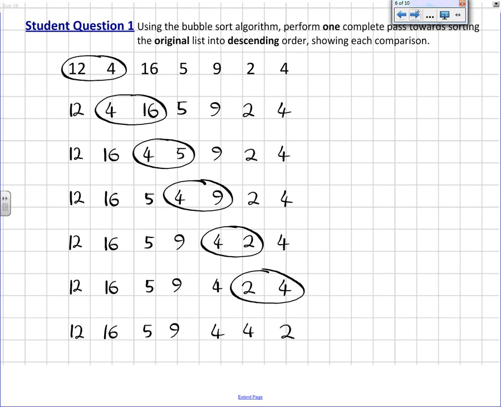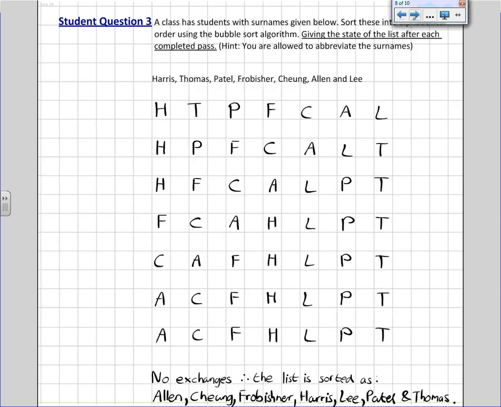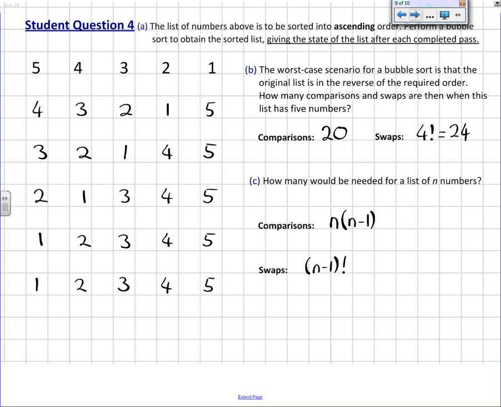That's what I should have got for question 1. Question 2 there. Again, do write a little comment at the end showing that there's been no exchanges, therefore you know the list is sorted. Question 3. Interesting question 4 there.